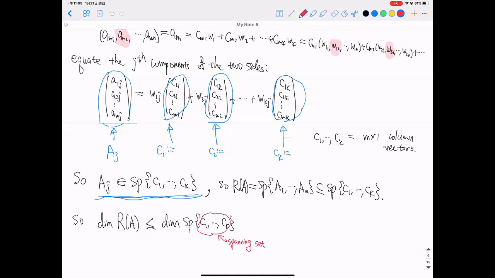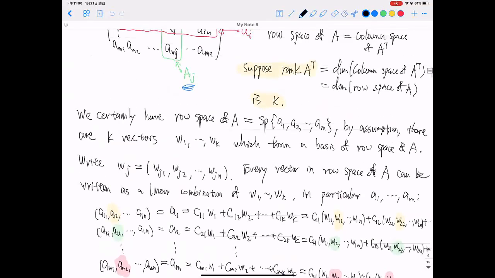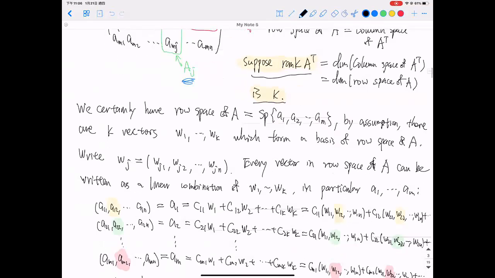Therefore, the dimension, or the number of elements you need in a basis of the span, is no more than K. This is less than or equal to K. What this is saying is that the dimension of the range, which is by definition the rank of A, is less than or equal to K. And let's remember what K is. K is, by our choice, the rank of A transpose.